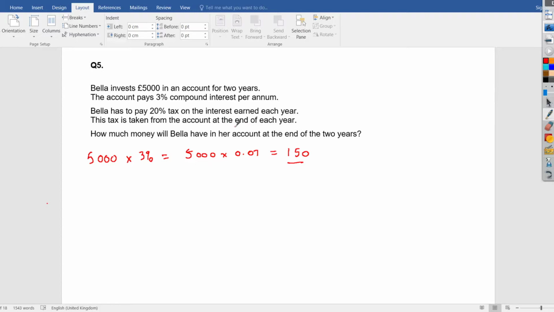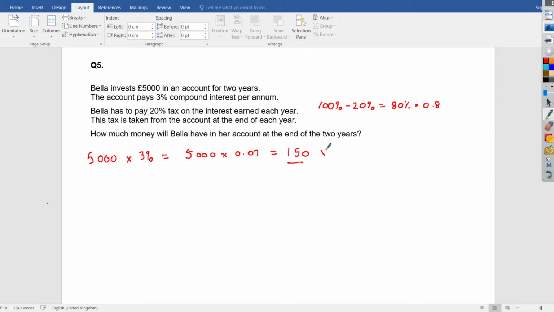If she has 100% and pays 20% tax, then 20% is deducted, so she's going to be left with 80%, which as a multiplier is 0.8.